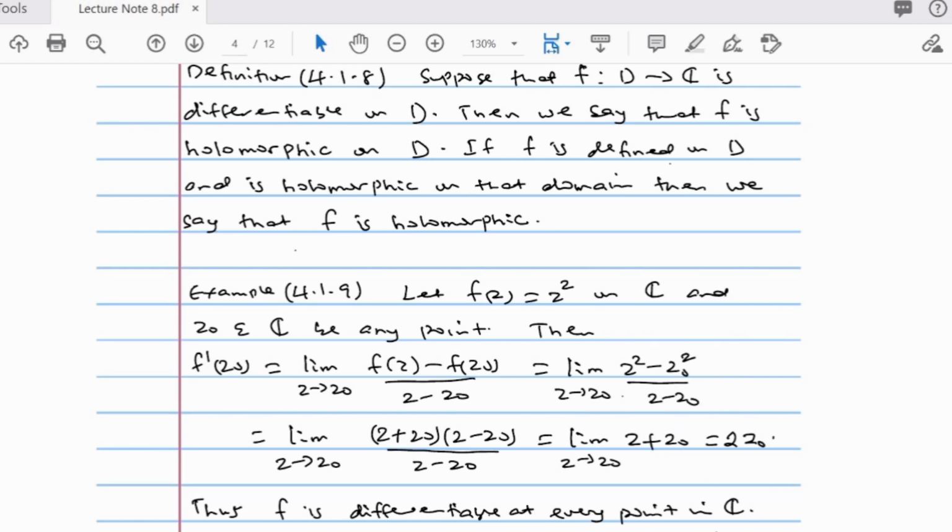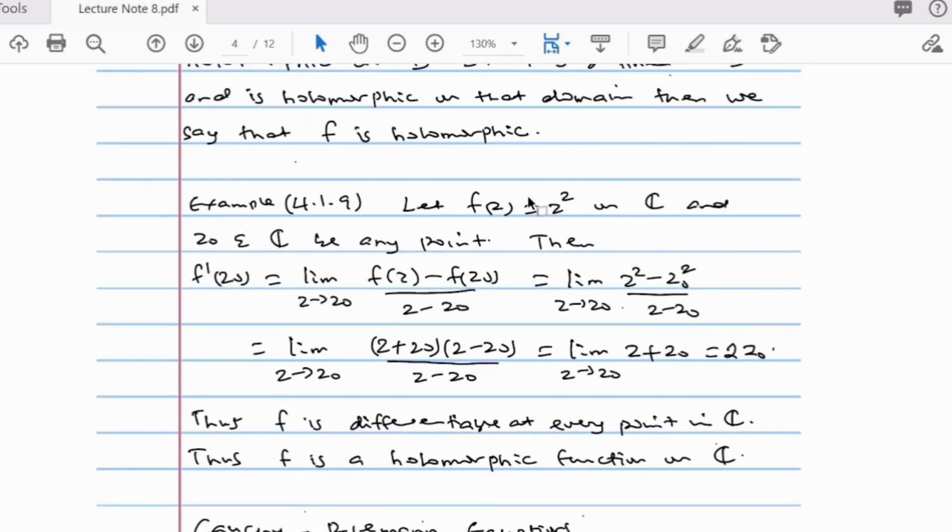So the limit exists. Since the limit exists, it means that the function f of z equals z squared is differentiable at z0. And since z0 is arbitrary, this is differentiable on the whole of the complex plane. For every z0 we pick in the complex plane, this limit exists, and the limit is 2z0.